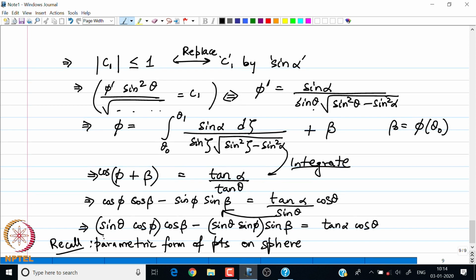So, if we multiply throughout by r, where r is the radius of the sphere we are talking about, we can rewrite this; let me call this new expression 1 prime.